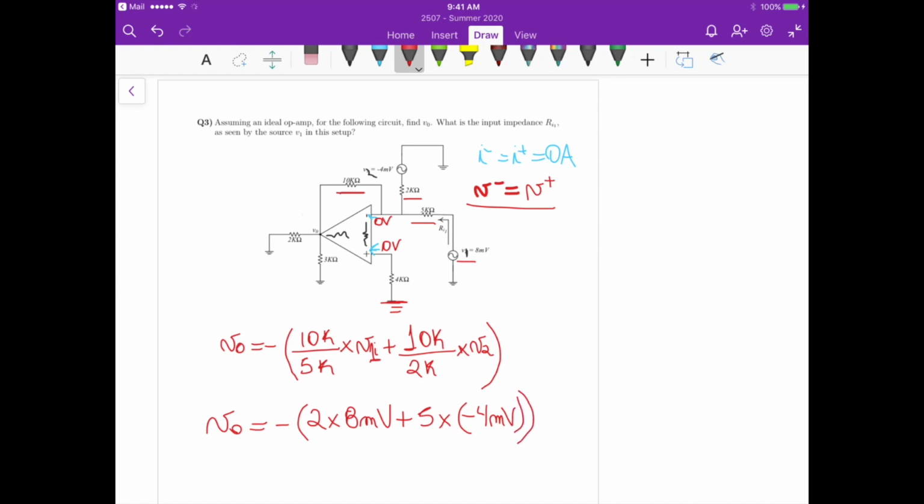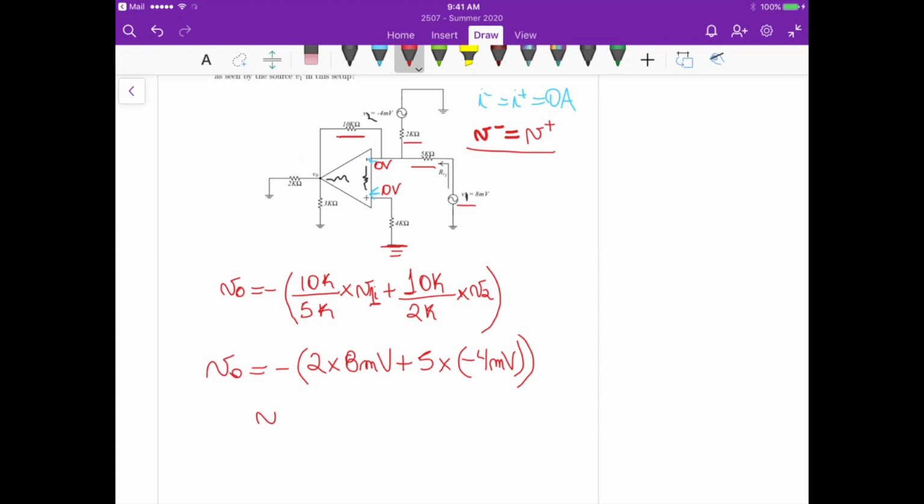This is part 1. So 2 times 8 is 16, plus minus 20, which is minus 4, and the minus outside the parentheses gives us 4 millivolts. That's the voltage at the output.